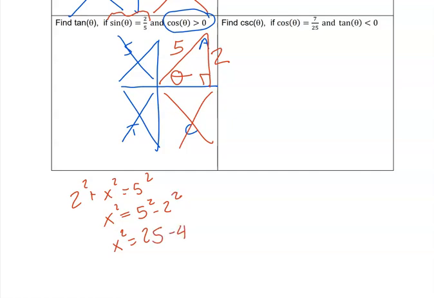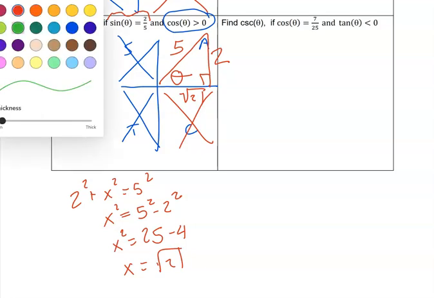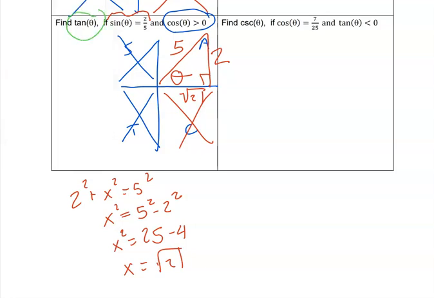Minus 4, x equals the square root of 21. So that's what this side is here, square root of 21. And now if we were to do the tangent like we're asked to do, tangent is opposite over adjacent. And tangent is positive in that quadrant. So our answer is 2 over root 21.